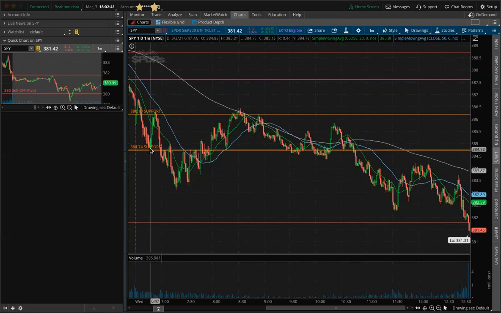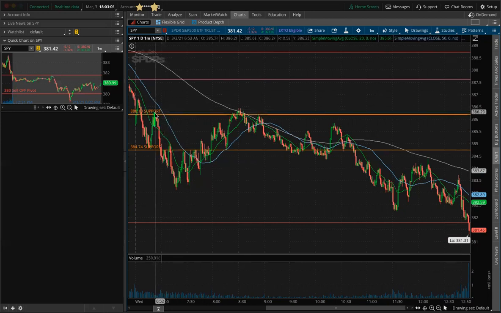So the way you would trade this is, we're looking at a bearish day. So what you would do is, next time it comes into this level, take the short, right? You can give it some risk, from about above the high of the day around 386.82, maybe 386, 387.